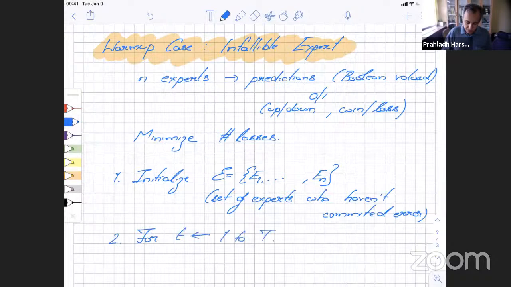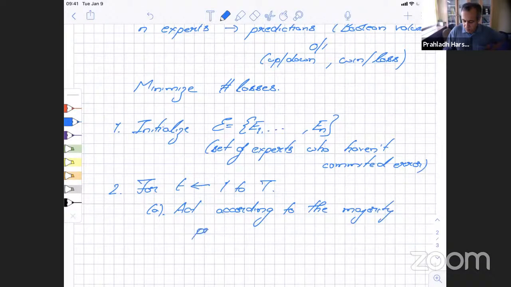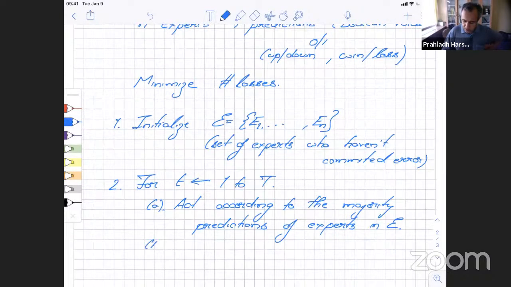This is just the base, whatever Varun said. For t equals 1 to T, you're going to act according to the majority prediction of experts in E. Observe the outcome.